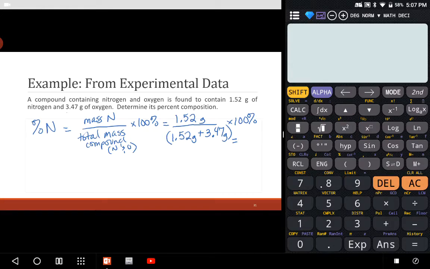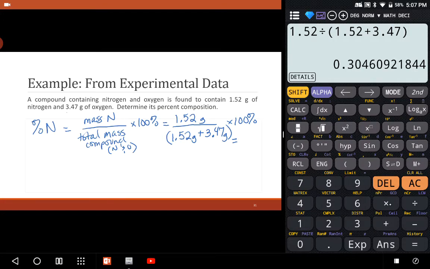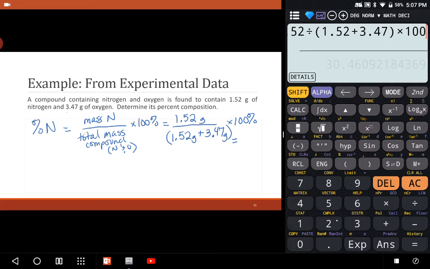And so in my calculator, that would be 1.52 divided by, and then I'll open up parentheses to communicate to my calculator that both of those are in the denominator. And then I have to multiply by 100 to turn that into a percentage. If you use a percent button on your calculator, then your calculator treats 100% with a percent sign as 1.